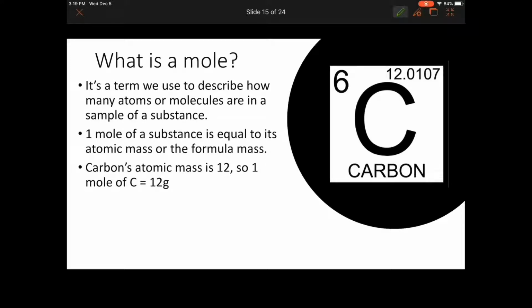And formula mass is something that we talk about when we're talking about compounds. We talk about molar mass and we also talk about formula mass. We kind of use those interchangeably. Carbon's atomic mass is 12. So we have 1 mole of carbon if we have 12 grams of carbon.